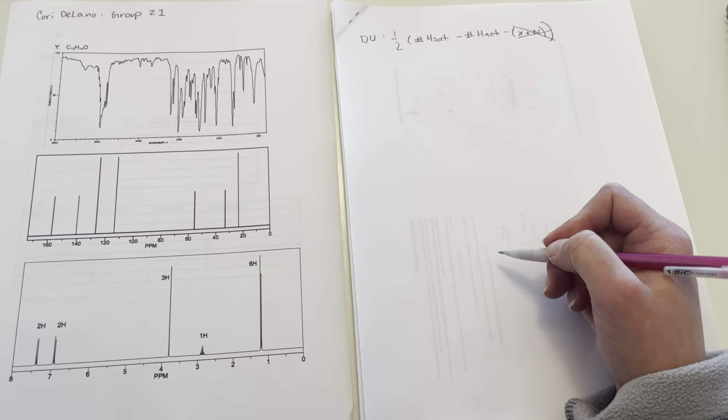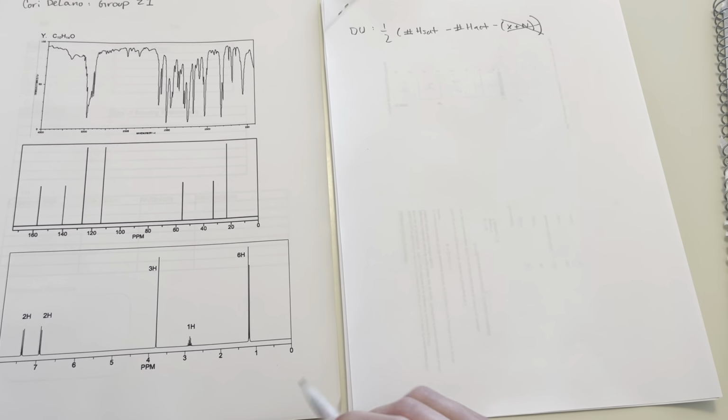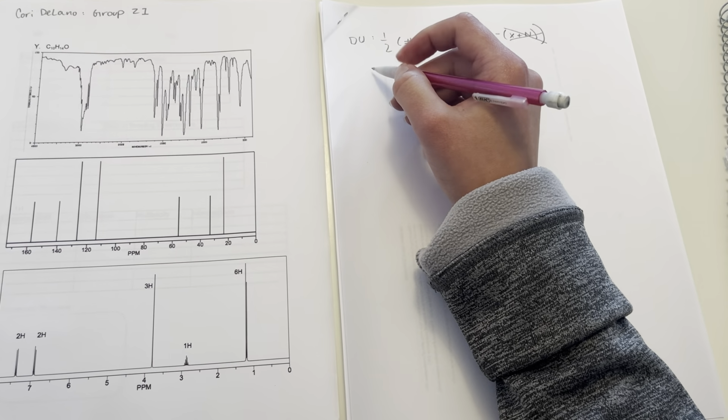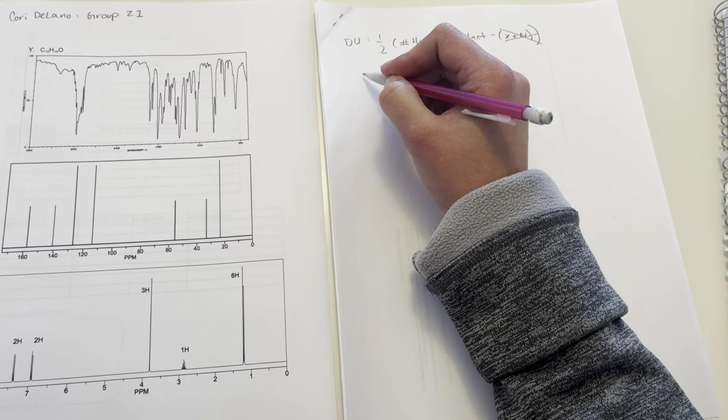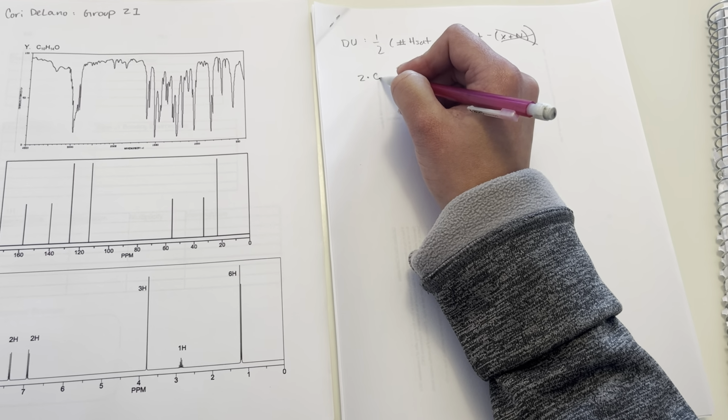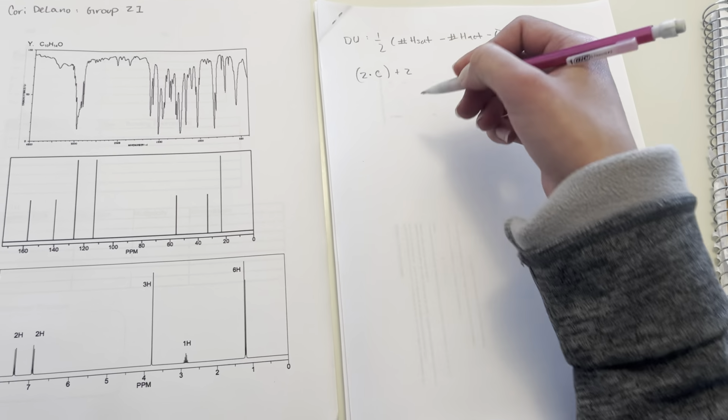So let's solve for the number of saturated hydrogens. That's going to be 2 times the number of carbons plus 2.